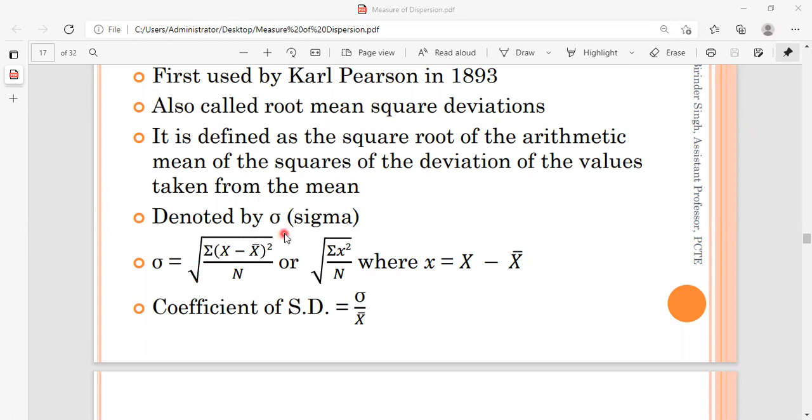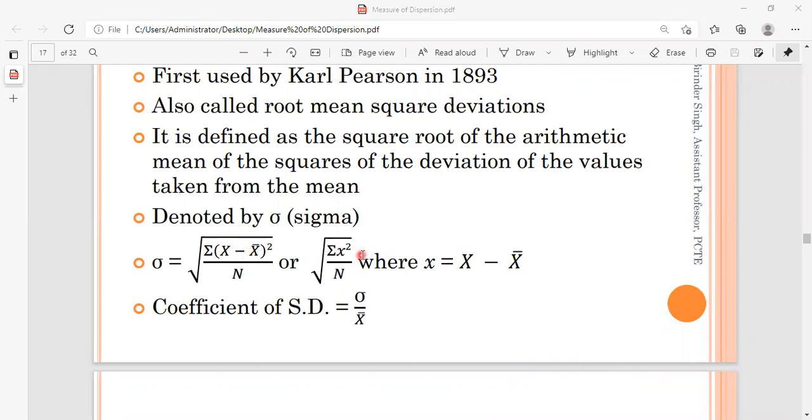Once we take the square root of the mean of the squared deviations, it becomes the root mean square deviation. So this formula for the computation of standard deviation appears as root mean square deviation.